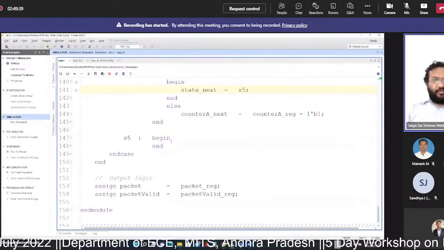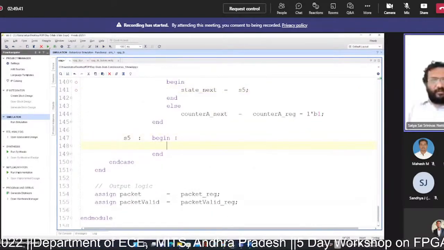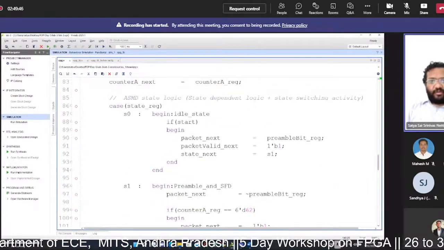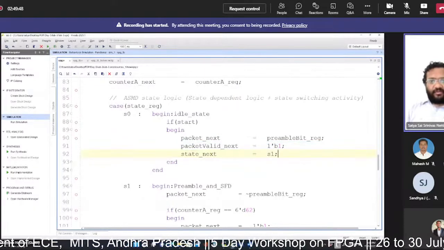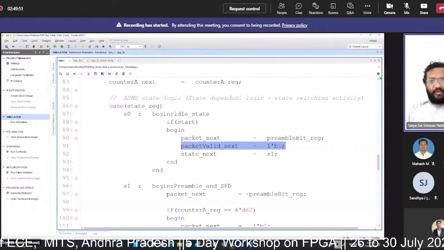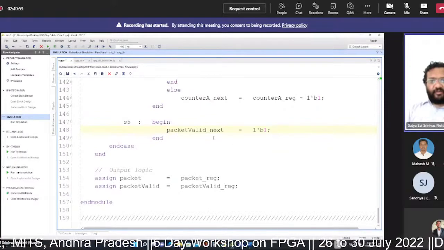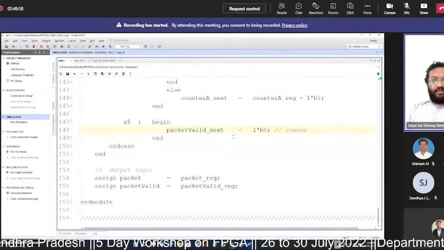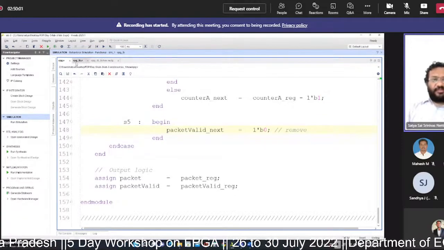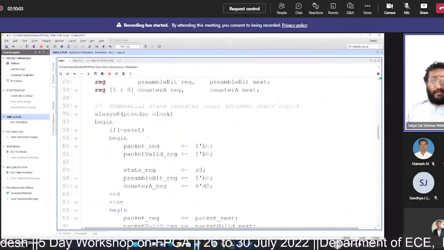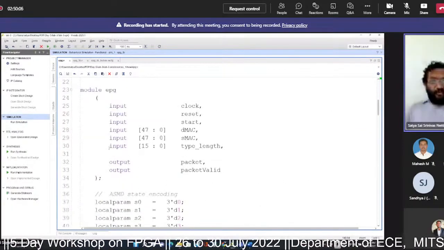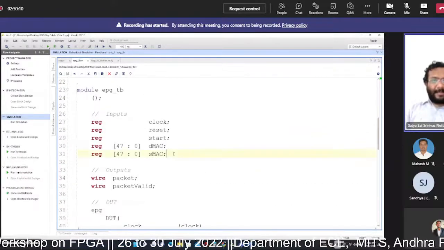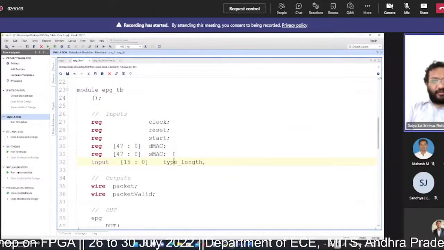So now here, for the purpose of checking the output, packet value next, I will remove it for simulation purposes only. Now we cannot run the simulation directly, because I have added a new input to the port list, so I have to update that over here.